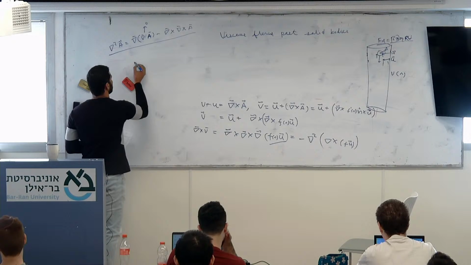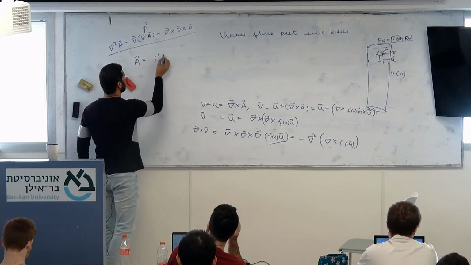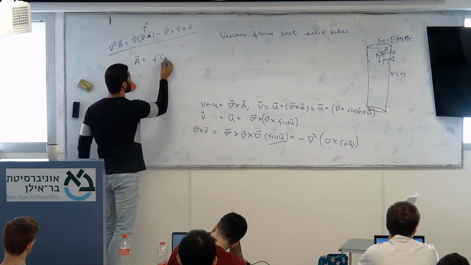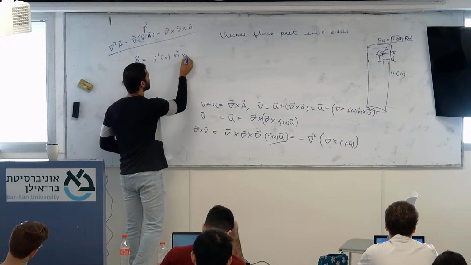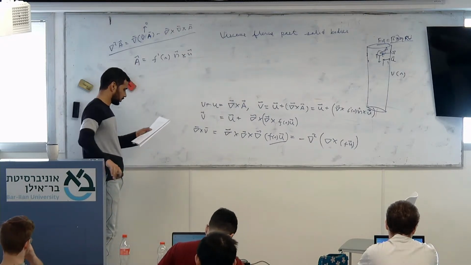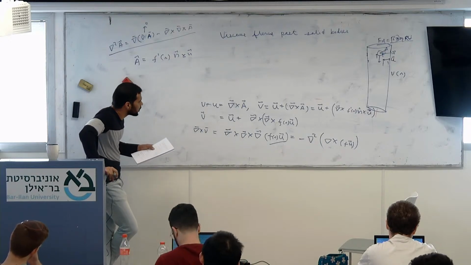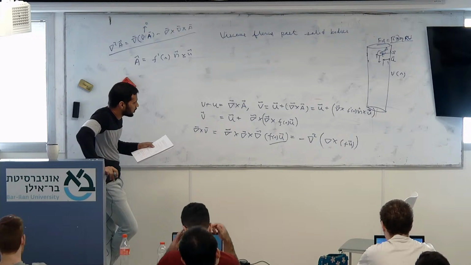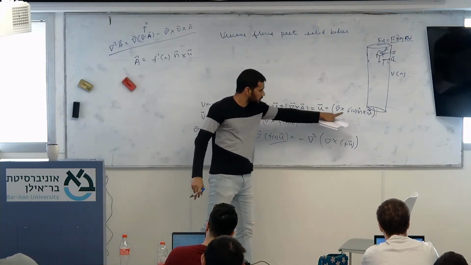We have defined A equals F prime. This is F prime, okay?